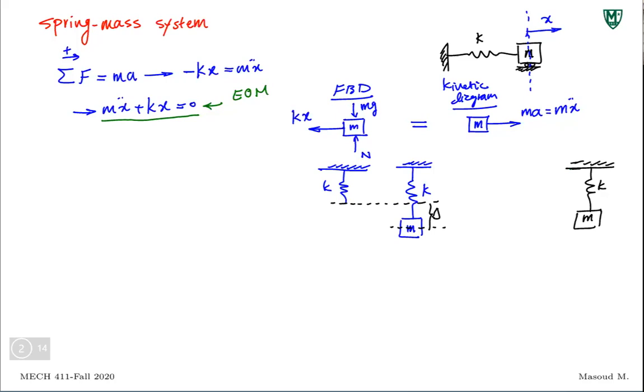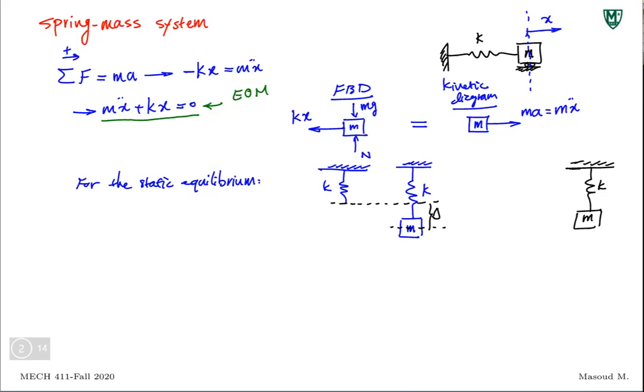Remember from statics, this is a system in equilibrium and it's at rest. So I can write the equations for the static equilibrium. What do I get?